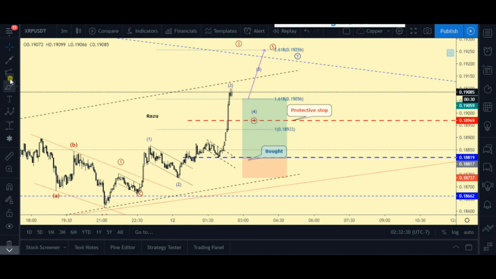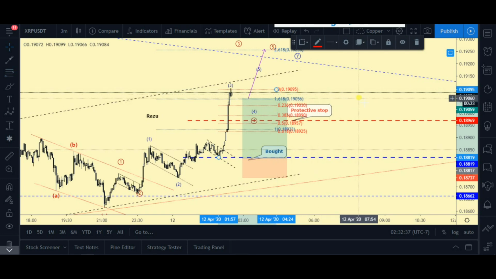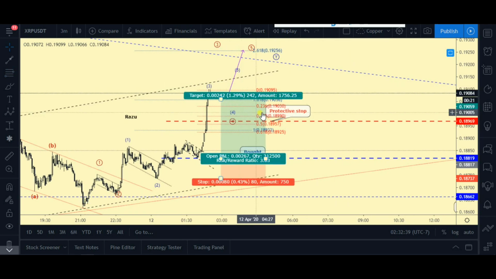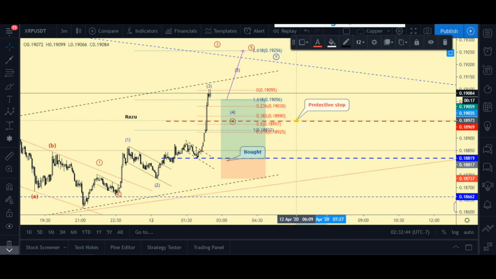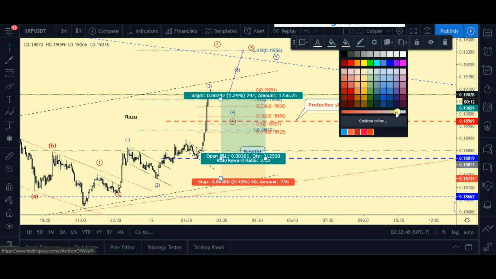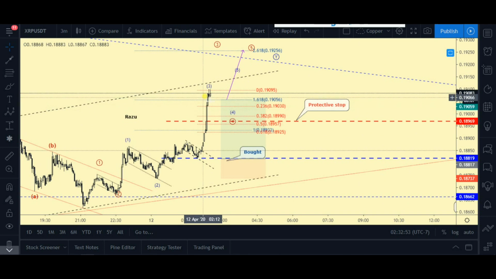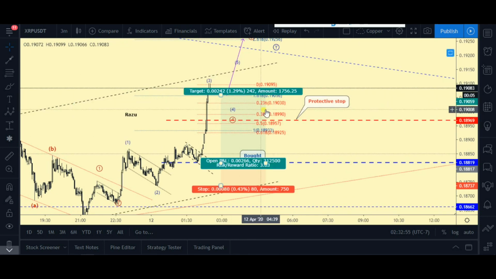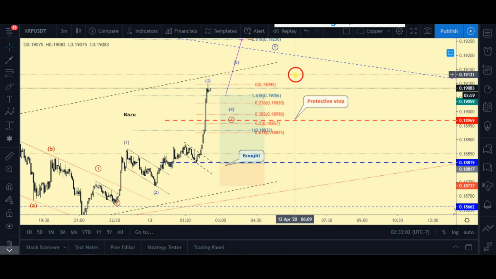So if this is the third of the third wave, then I would expect this to end around this area. So expect it to end around this 23.6 and 38.2 zone, and then continue up.